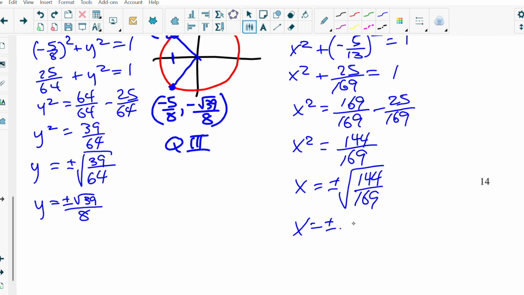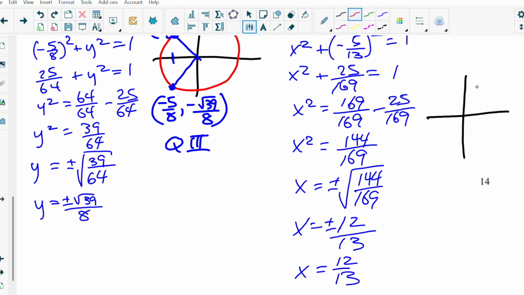Got some perfect squares going on. X equals plus or minus 12 over 13. We want quadrant 4 only, so the x value in quadrant 4 is positive, so I'm going to only use the positive value. So this is going to be in quadrant 4, right? So let me draw a diagram here. Here's my unit circle.